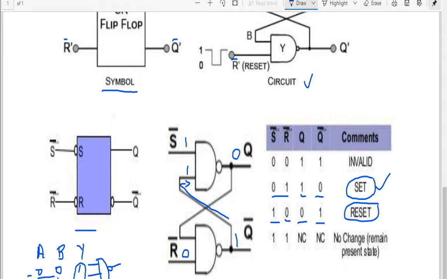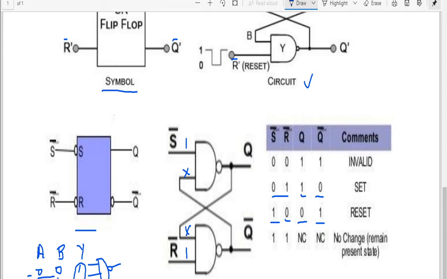Okay. Now, after understanding the first three states, let us move on to the last state of this particular latch. That is when S bar and R bar are both 1. So when S bar and R bar are both 1, here we don't know what the other value will be at the next input.